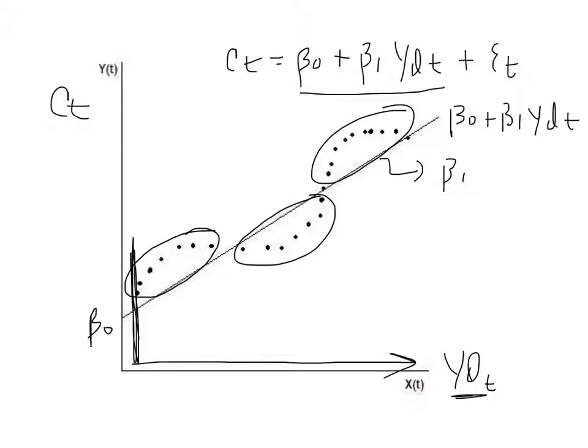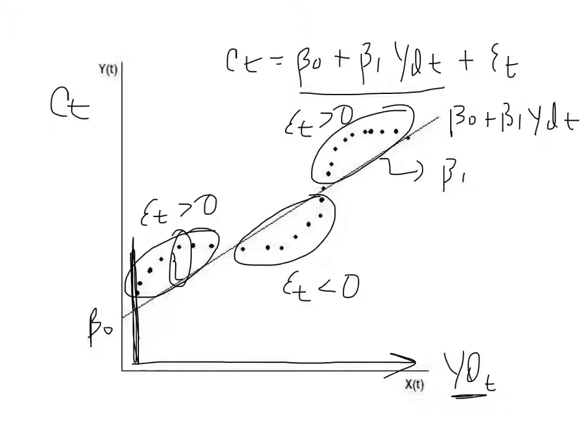When the observations of consumption are above the line, we're looking at stochastic error values that are bigger than 0. Here we're looking at stochastic error values that are less than 0, and here they're bigger than 0 again. Remember, the distance between a data point and the line itself is just the stochastic error.